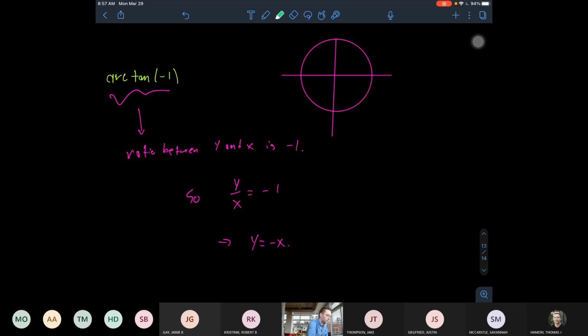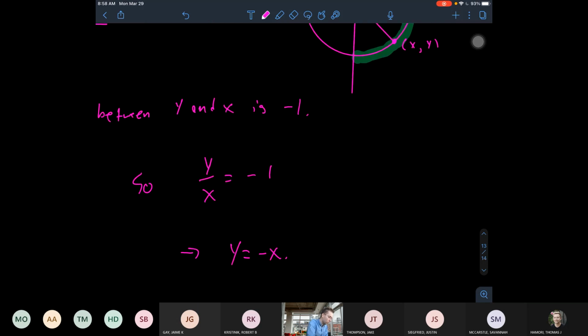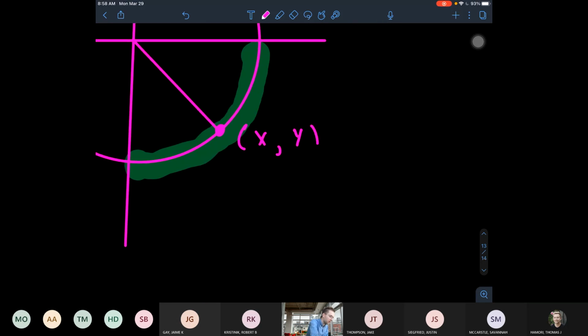Well, I'm going to draw some angle which goes into this region. And again, this is not really going to be to scale. But I'm going to draw it, and I know that this is the point x, comma y. But I actually know what y is. Y is just -x. So this is really the point x, comma, -x.